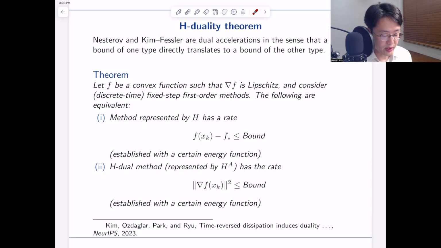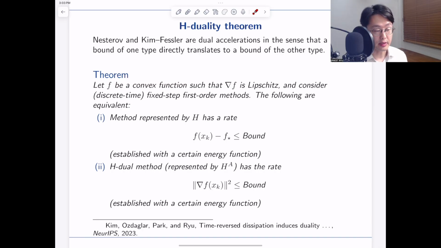If we have a method represented by a certain H matrix, and we are able to establish a certain rate on the function value using a certain energy function argument, there's a certain asterisk here, then let's take that method and flip it. We take the antidiagonal transpose, and we will refer to that as the H-dual method. The H-dual method then will have a guarantee, the same bound on the squared gradient magnitude, and vice versa. So this is our duality theorem.